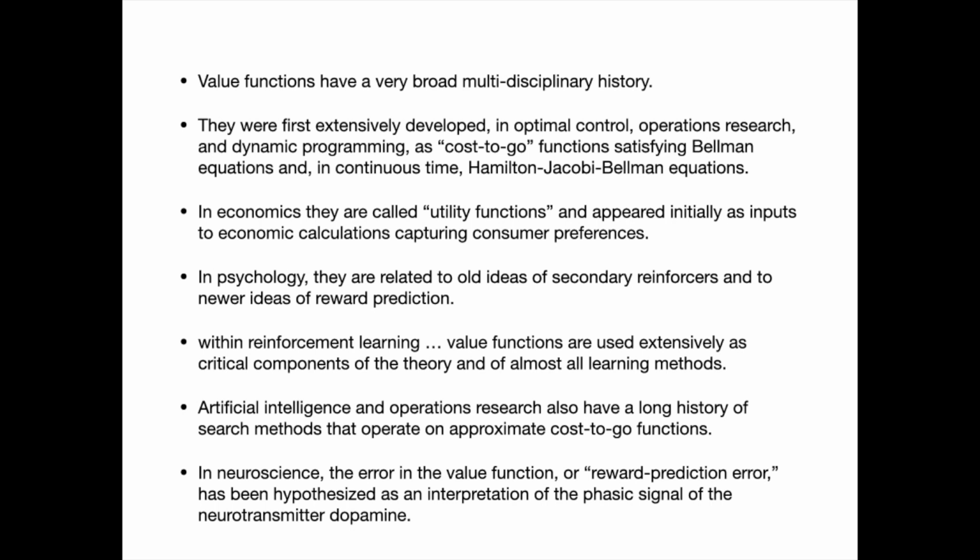Artificial intelligence and operations research also have a long history of search methods that operate on approximate cost-to-go functions. In neuroscience, the error in the value function, or reward prediction error, has been hypothesized as an interpretation of the phasic signal of the neurotransmitter dopamine.